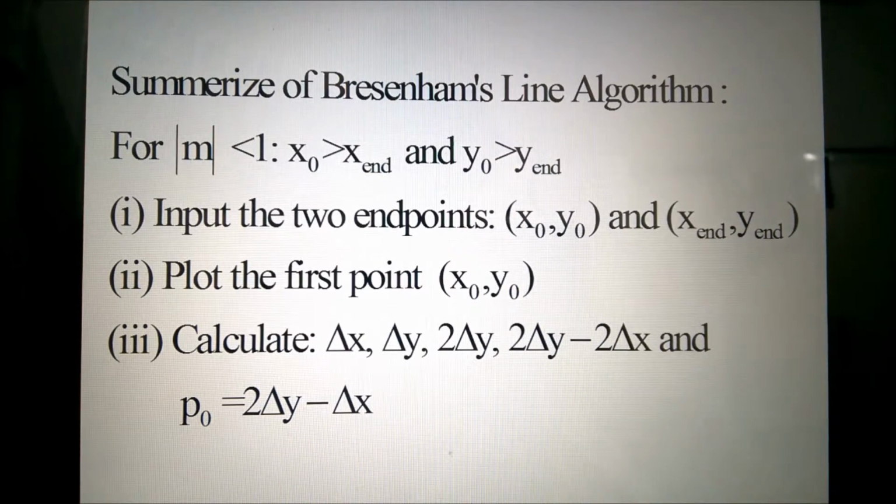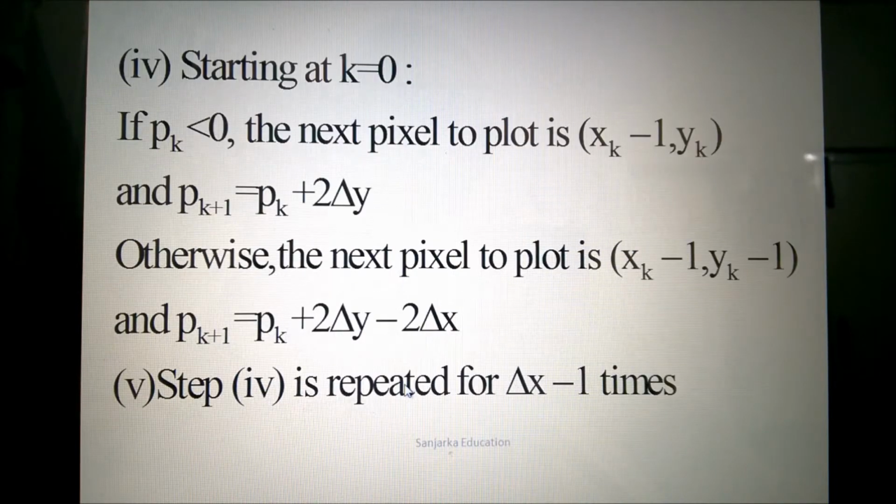In that case, first we get these two points, and first we plot the initial coordinate, and as in the previous case, the formula will remain completely the same. The only difference is that because it is coming from a higher coordinate to a lower coordinate, at every step x will be decremented by 1. And if pk is less than 0, the y coordinate will be unaffected.